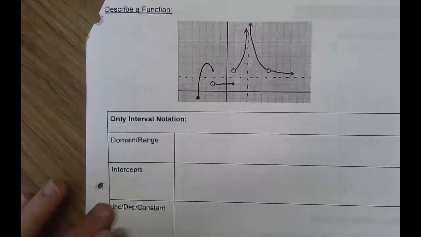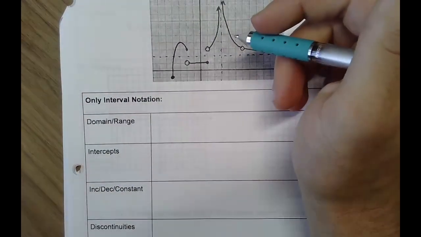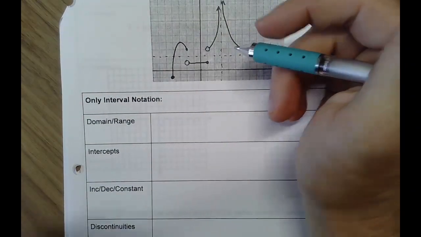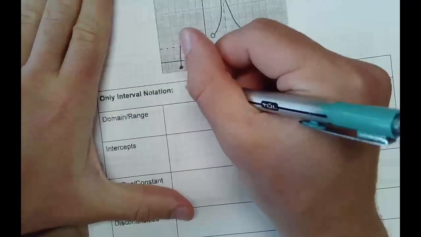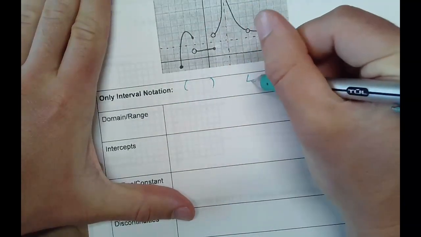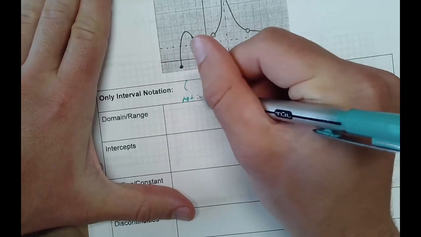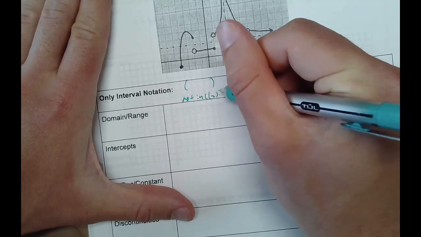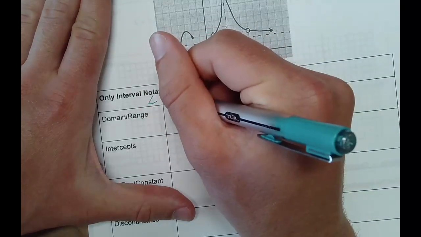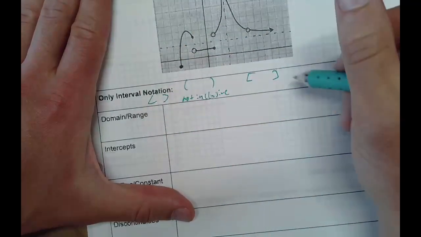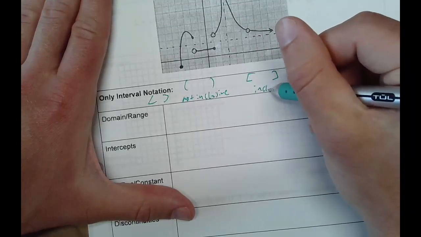All right, so first of all, we're only doing interval notation. So what that means is you're either using open parentheses or using closed brackets. Open parentheses are not inclusive. They're kind of the same as the less than, greater than sign. Brackets are inclusive.